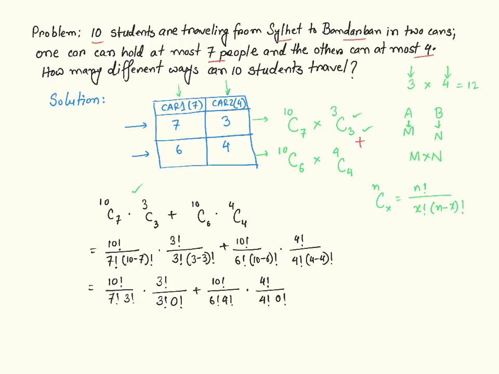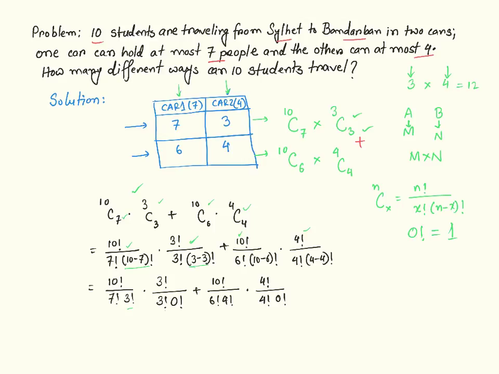Now using that formula, I simplify this, I get this, similarly this is this, this is this. It's very straightforward. Now 10 factorial divided by 7 factorial times 10 minus 7 factorial, which is 3 factorial. And then 3 factorial divided by 3 factorial times 0 factorial. 3 minus 3 is 0, 0 factorial. Just keep in mind that 0 factorial is defined as 1. 0 factorial is not 0. 0 factorial is 1.